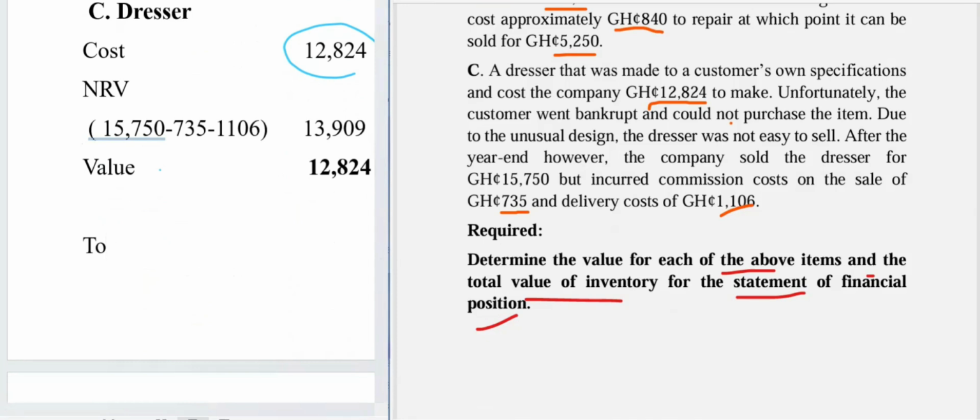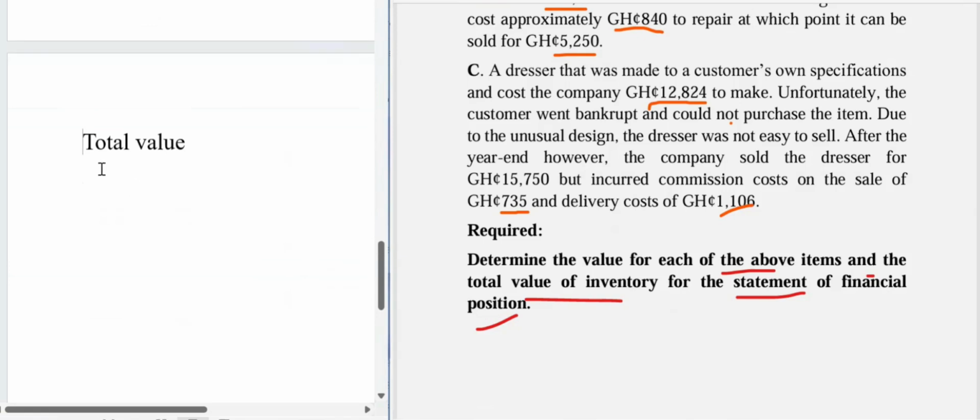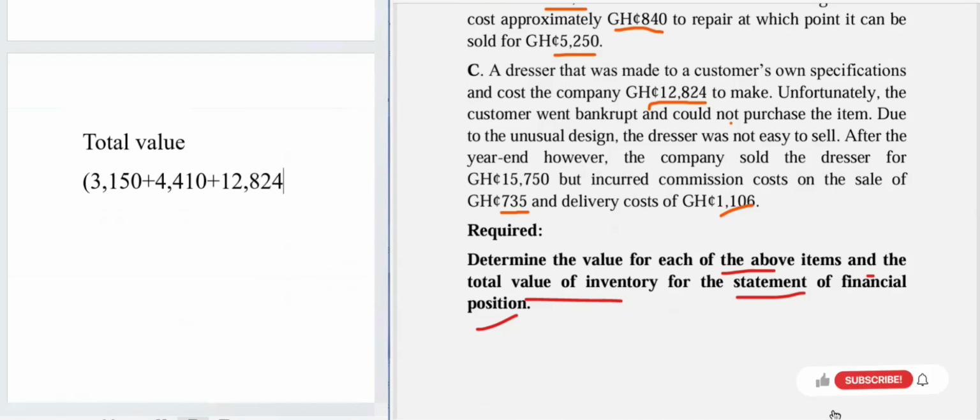Our total value will be the summation of the three: 3,150 plus 4,410 plus 12,824.